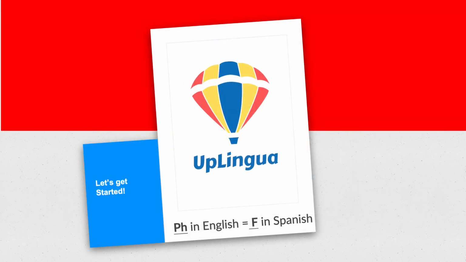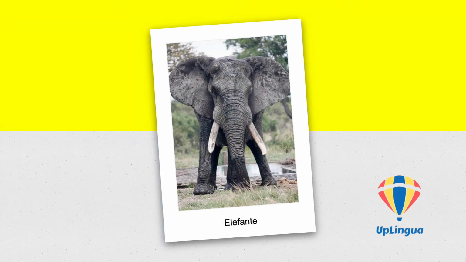PH words, like elephant, usually are simply translated to Spanish by changing the PH to an F. PH becomes an F. Elephant becomes elefante. You'll see that ANT words, you add an E. So this word here, elephant, actually utilizes two distinct rules.